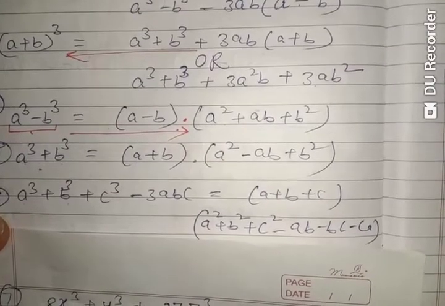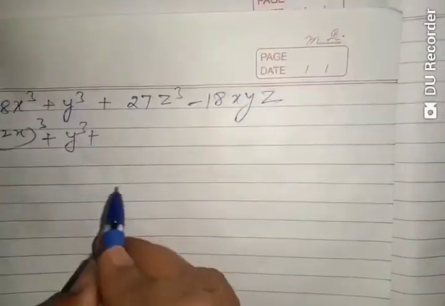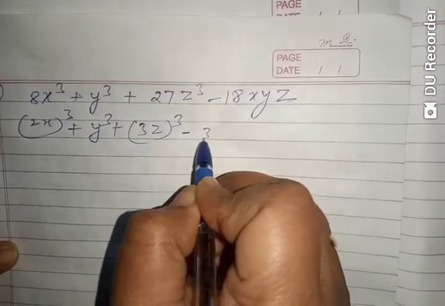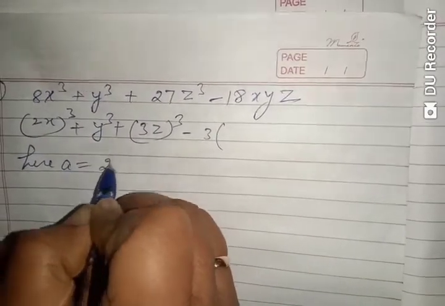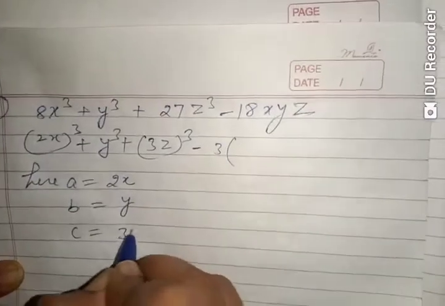Now we need to write this as a cube, then plus b cube plus c cube minus 3abc. Again we will write here, a is what? 2x. b is what? y. c is what? 3z.